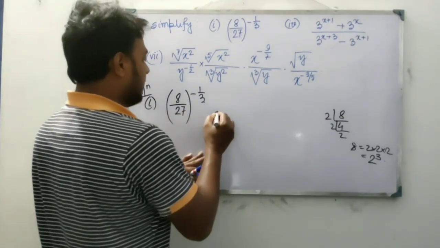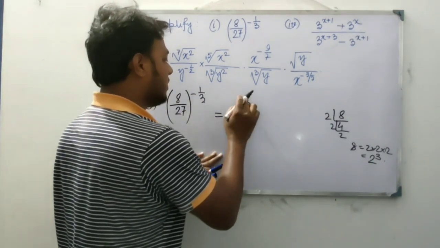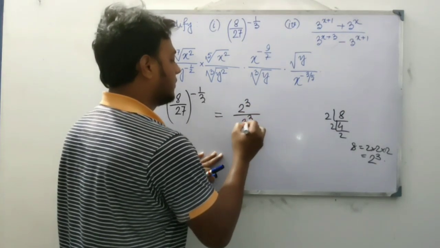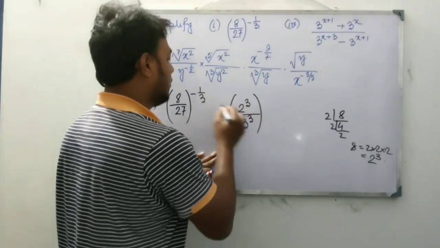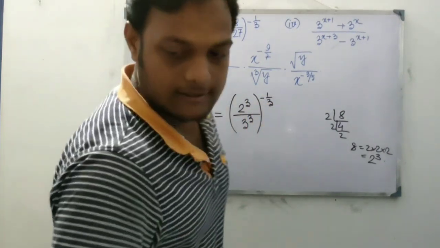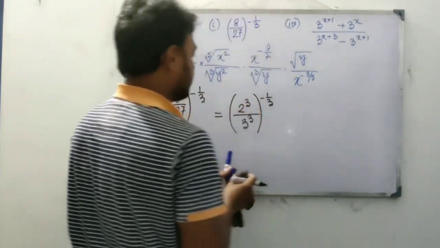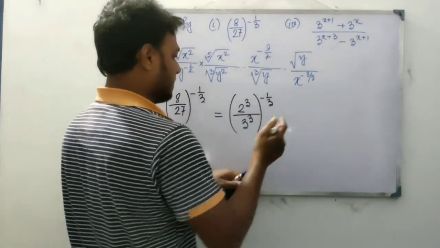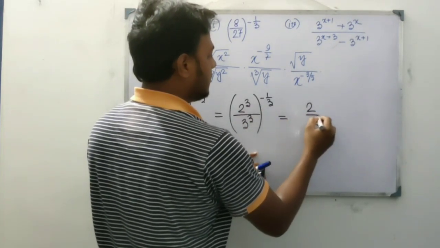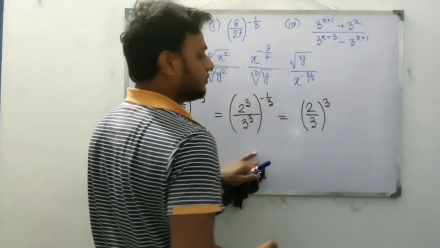Okay, so in place of 8 we can write 2 cube, and in place of 27 we can write 3 cube. The whole power minus 1/3 was there, so write it. Next, this can be written as (2/3) whole cube.